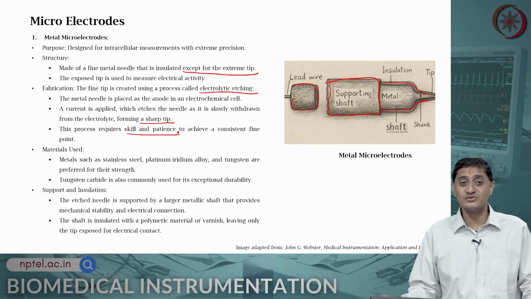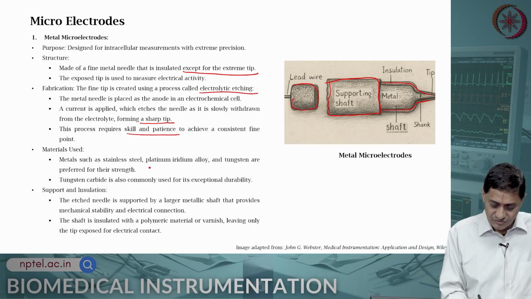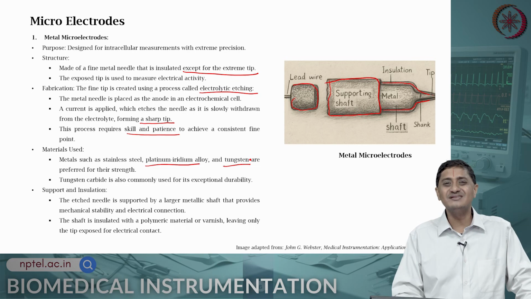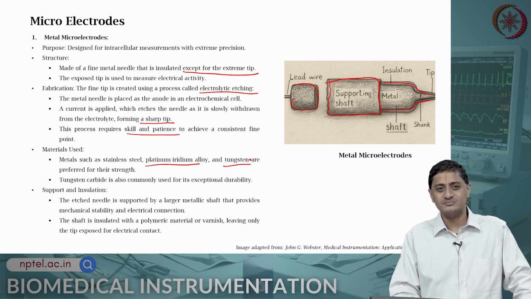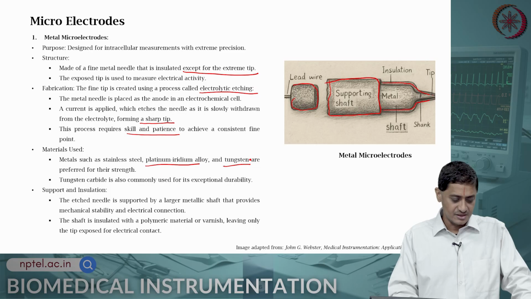What are the materials used? Typically materials such as stainless steel are used, and platinum iridium alloy is used quite frequently, and tungsten are used for their strength because these are strong. Right. Tungsten carbide is also commonly used because of its exceptional durability. It is going to last for a long time. Right.